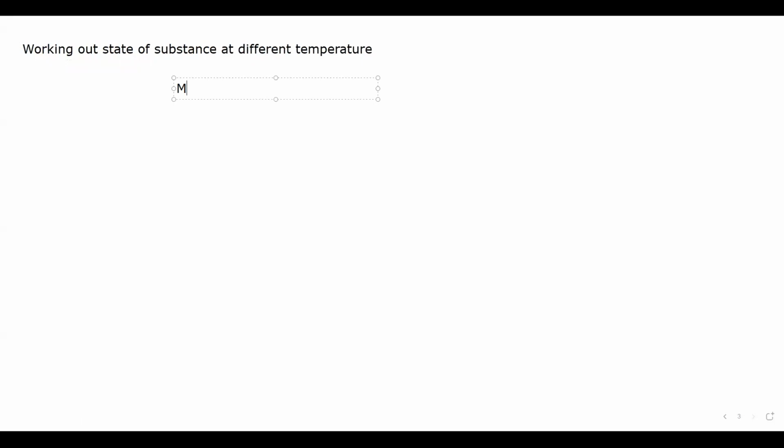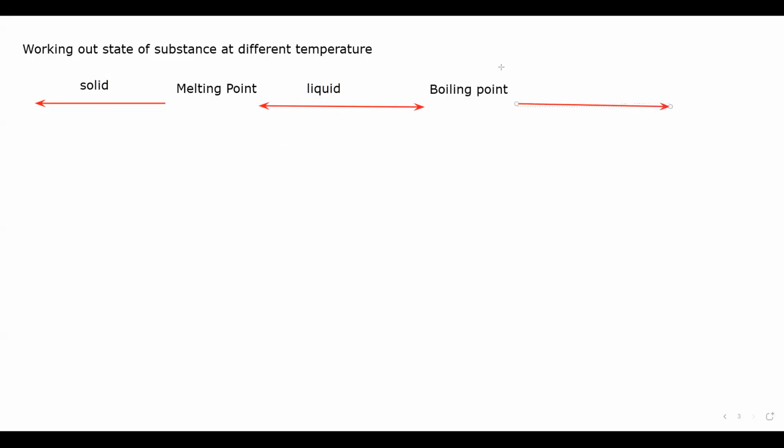When we have the melting point and the boiling point of a substance, the state of any substance before its melting point is solid. The state of a substance between its melting and boiling point will be liquid. And the state of the substance after the boiling point will be gas.